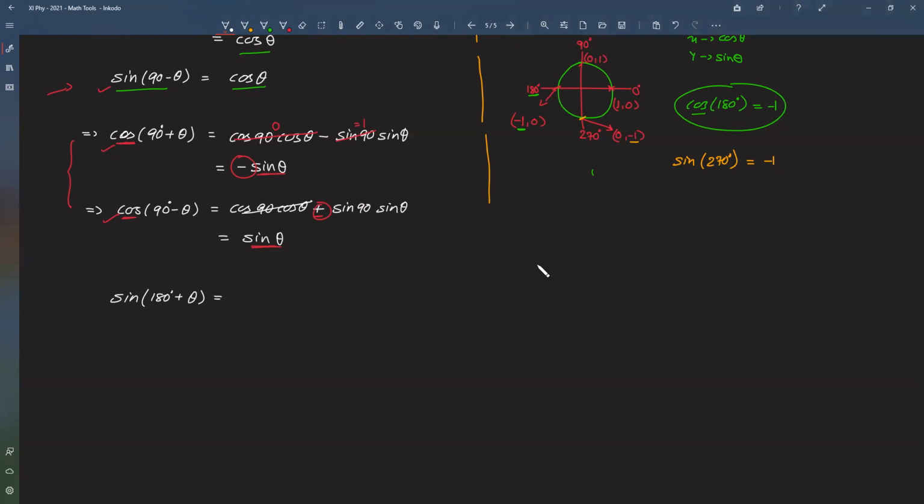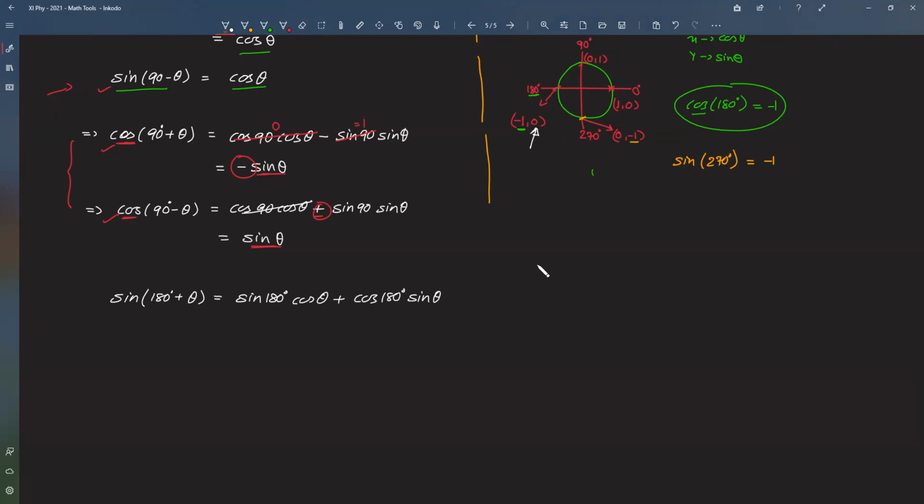So sine 180 plus theta, if I have to do that: sine 180 degree cos theta plus cos 180 degree sine theta. Now in this case, sine 180 degree means the negative x-axis.